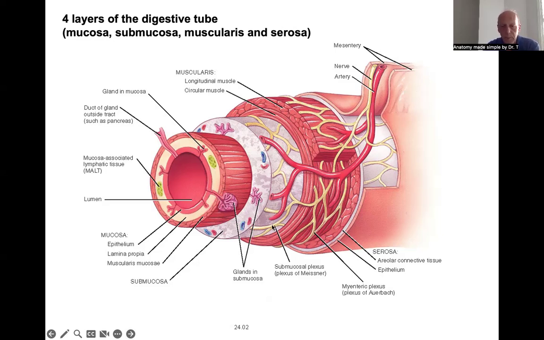And let's not forget the submucosal plexus or plexus of Meissner. Basically, that is a conglomerate of nerve fibers that are given a little bit of autonomy to our digestive tube. Because we know it's quite long, we're talking about a length that exceeds easily 8-9 meters in the average adult person.